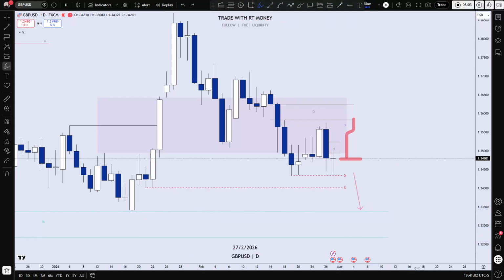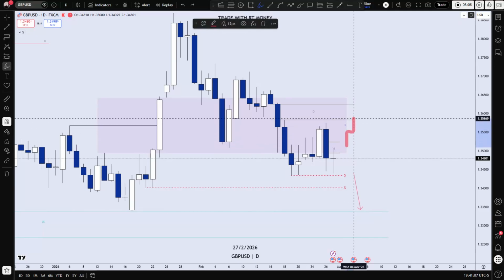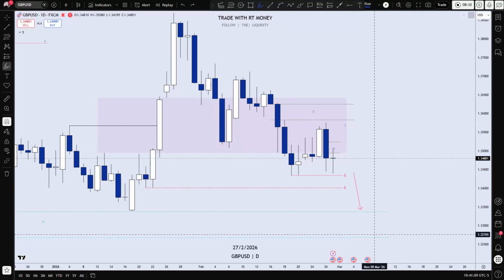That is the bullish scenario, short-term bullishness, and then longer term downside.